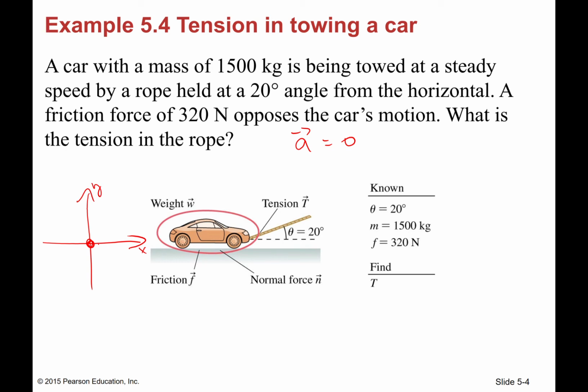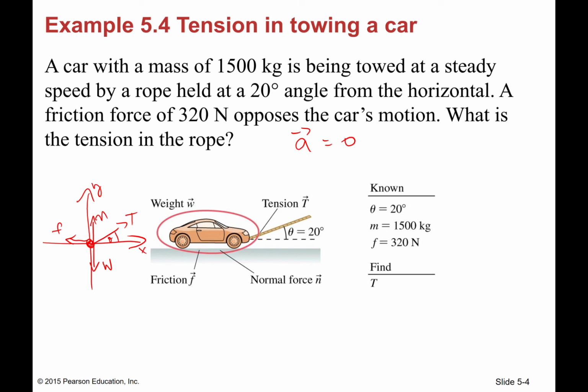We have the weight, W, we have the normal force, N, and then we have the tension, T, and this angle is theta, which is 20 degrees. Finally, we have the friction force that opposes the motion, and that is f. So we have all the forces.